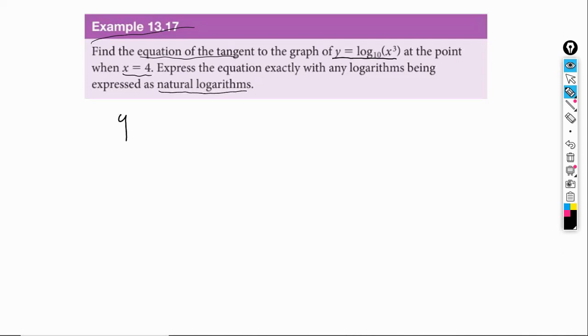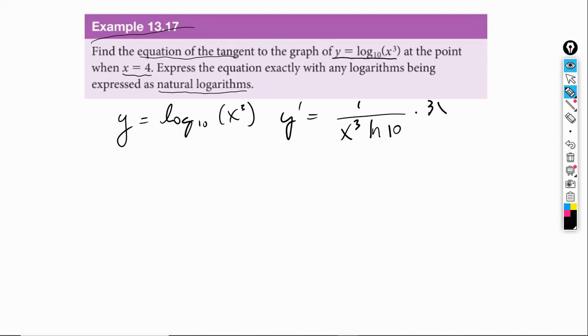Okay, so if we have y equals log base 10 of x to the 3, then the derivative will equal 1 over x to the 3 natural logarithm of 10 times, doing the chain rule, the derivative of the inside, right? So that would be 3x squared. And if we simplify this, it's going to equal 3 over x natural logarithm of 10.